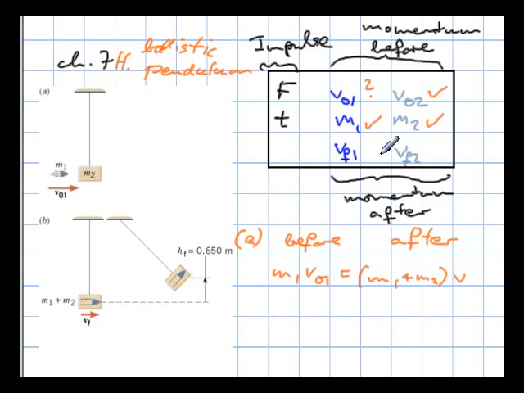I'm not going to put a question mark here because we don't have to calculate that. However, when we have this equation, then we have two unknowns. We don't know what this is. We don't know what that is.